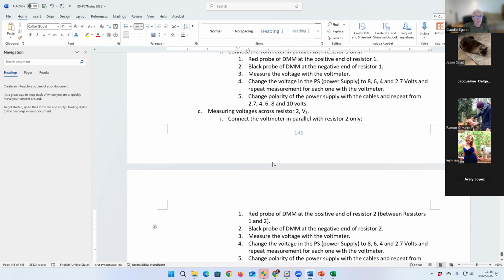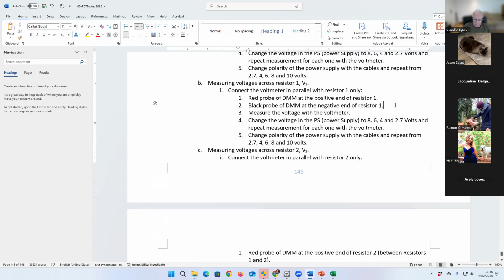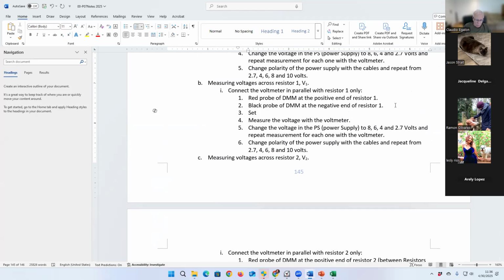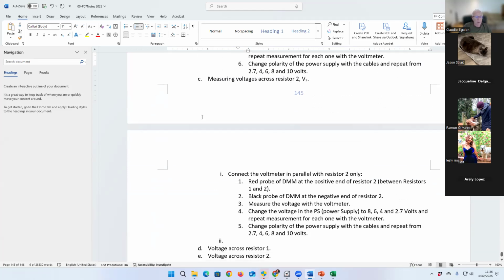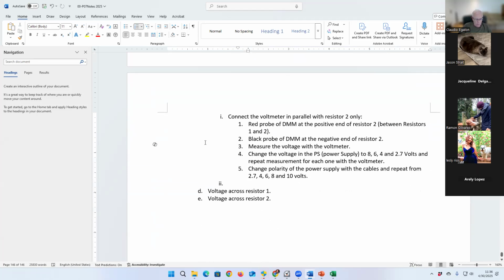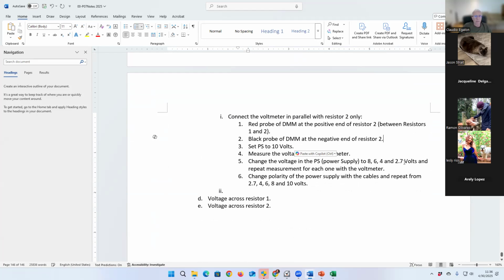Let's put another one here so it's completed. So set power supply to 10 volts, right? If it's not set yet, 10 volts. Let's add this other one in case it's not already set up. All right? Measure the voltage with the voltmeter. Change the voltage in the power supply to 10, 8, 6, 4, 2.7 volts and repeat measurement, right?